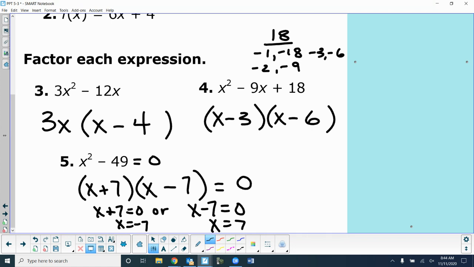And positive 7 times positive 7 is 49, minus 49 which is 0. Some of you just put 7 for that answer. All right, so just a little review, little practice on factoring.